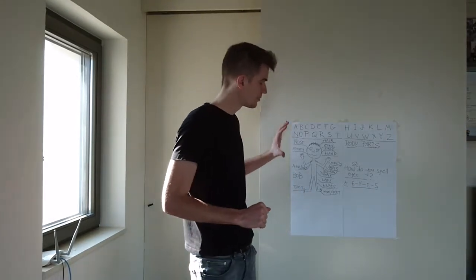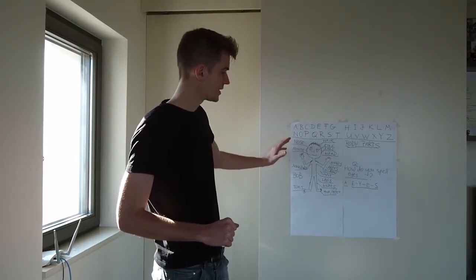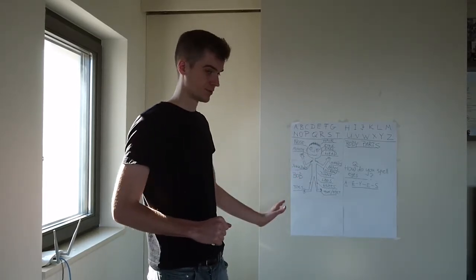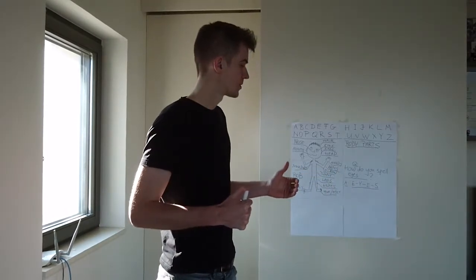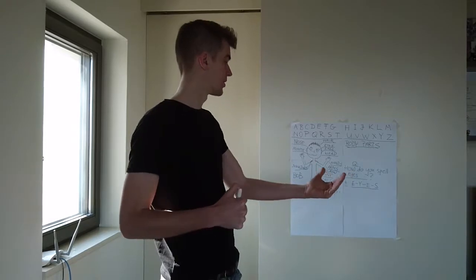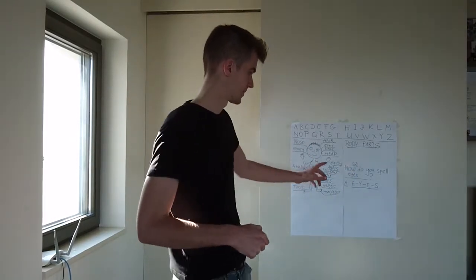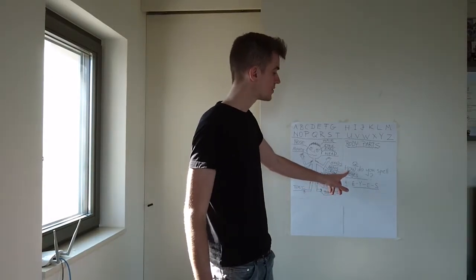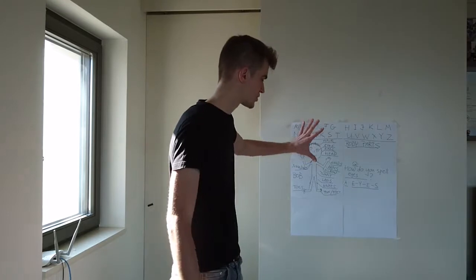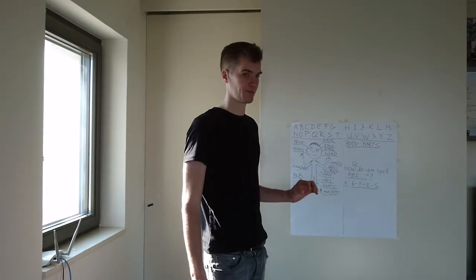You see Bob's body parts, and I've written down the body parts for you. Your task is to ask a question to your partner about one of these body parts that I've written on the board. You have to ask your partner, how do you spell, and then choose one of the body parts. For example, how do you spell eyes?